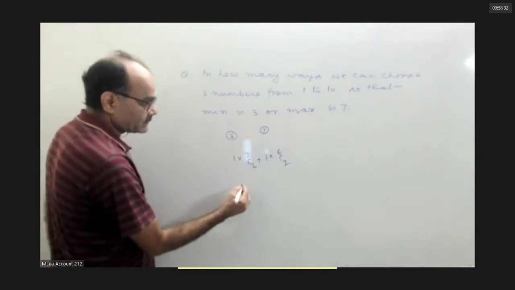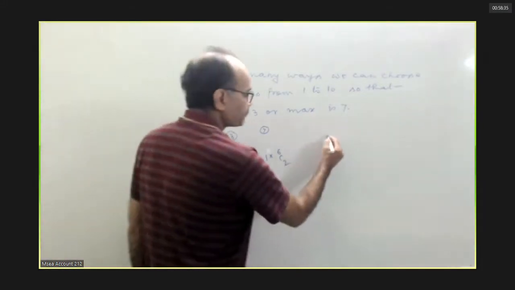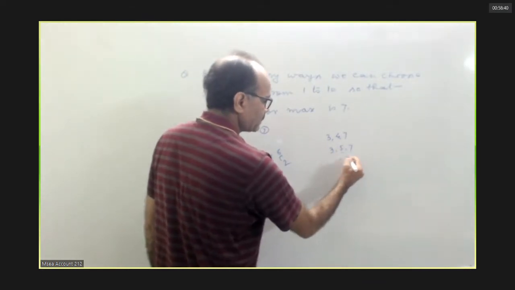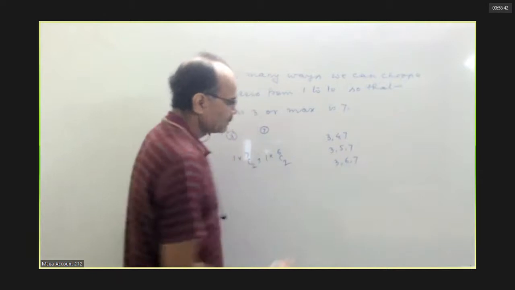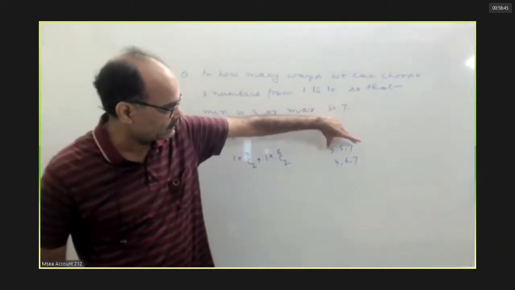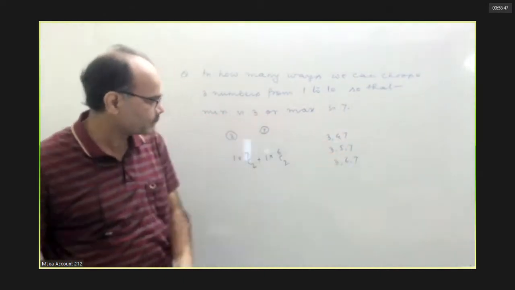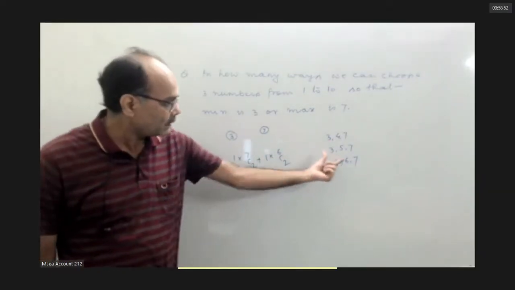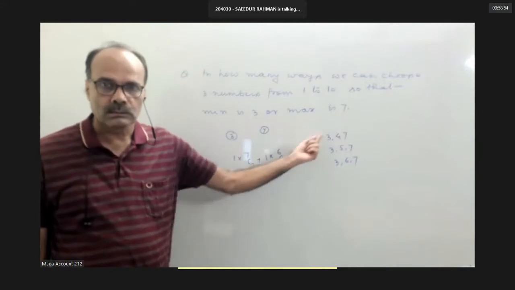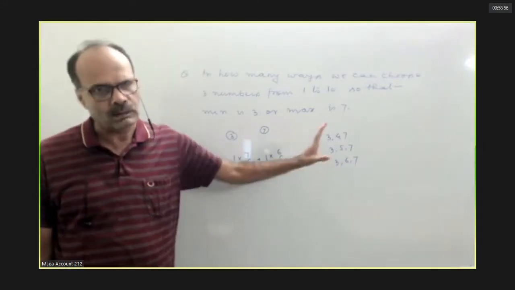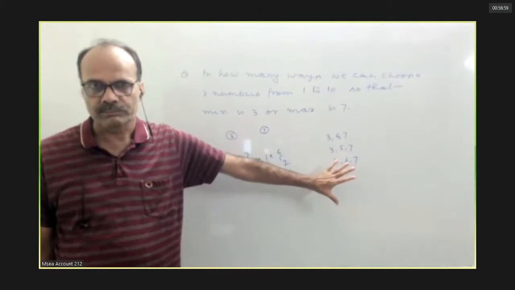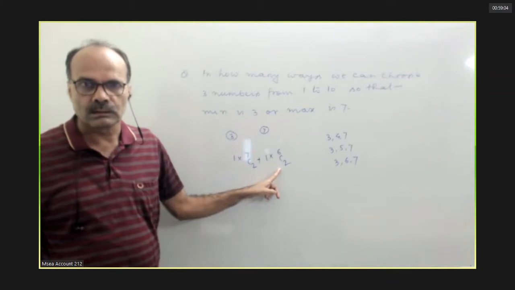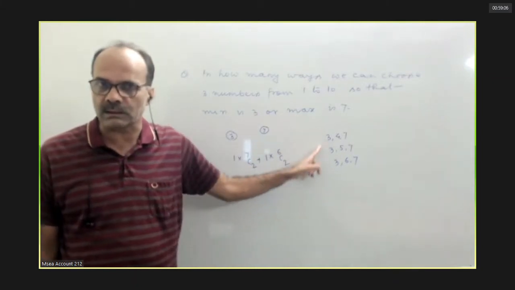Now just think of these kinds of selections: 3, 4, 7; 3, 5, 7; 3, 6, 7. These 3 selections are permissible, but they have been counted here as well as here. So this type of selection has been counted twice.